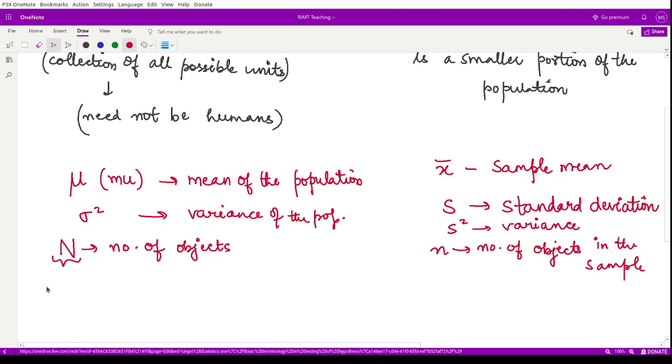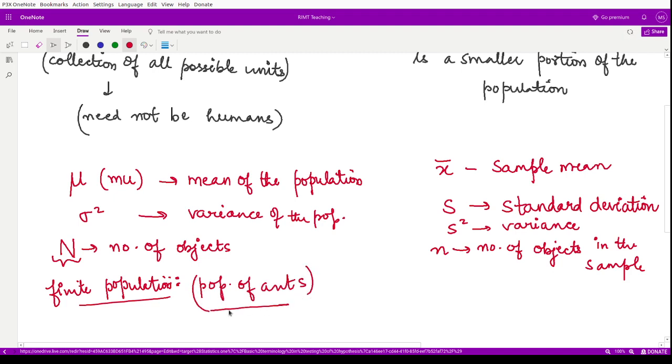So can you think of an example of a finite population? The population of ants. That is a finite population. Why? Because you may count the total number of ants. However, the task would be quite difficult because there are so many ants.